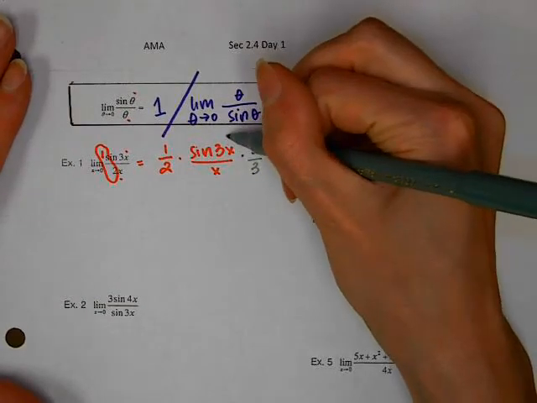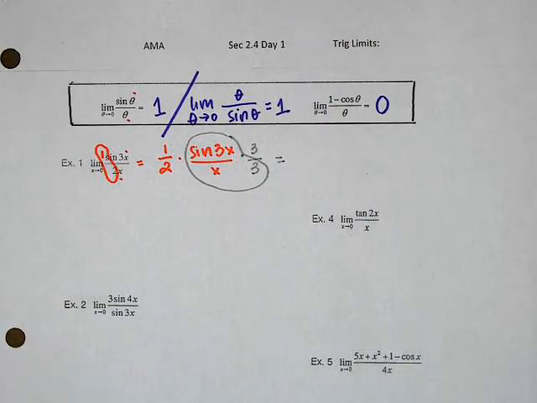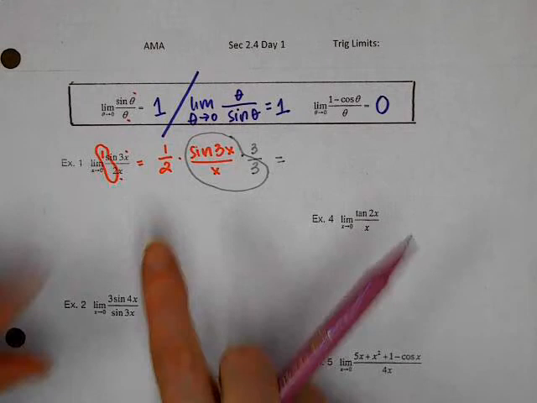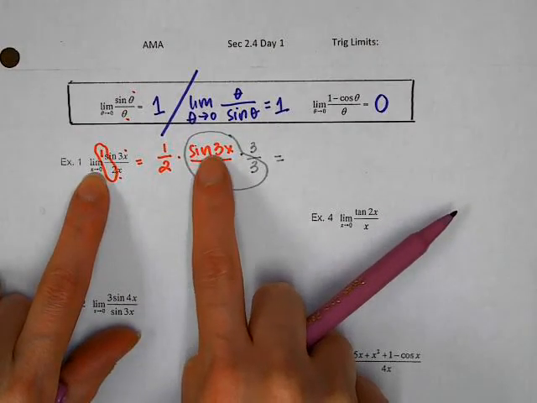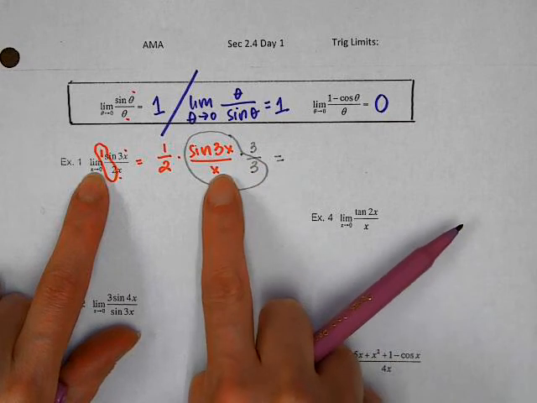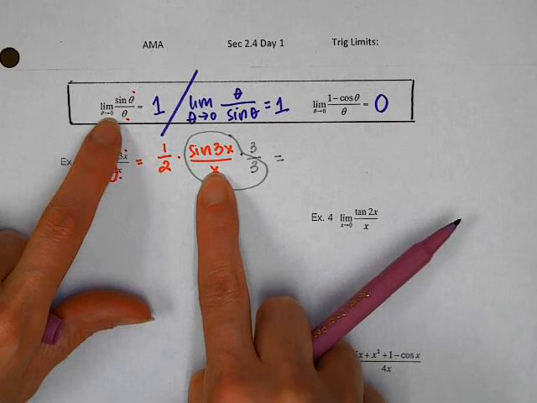Okay, now I'm going to group these guys together, and let's see what we have here. So now, what's the limit as x approaches 0 of sine 3x over 3x? Now that 3x and 3x are the same, we can use this rule.